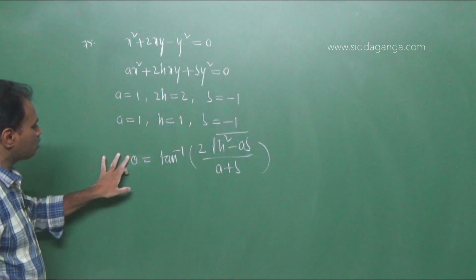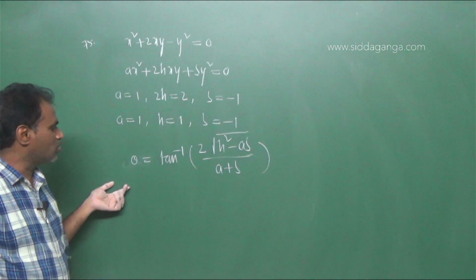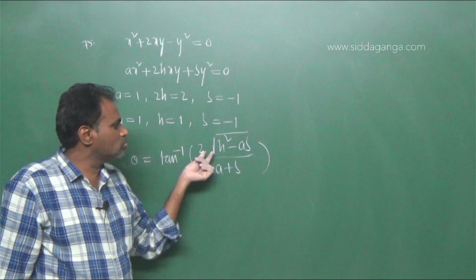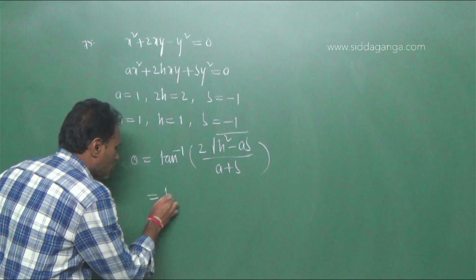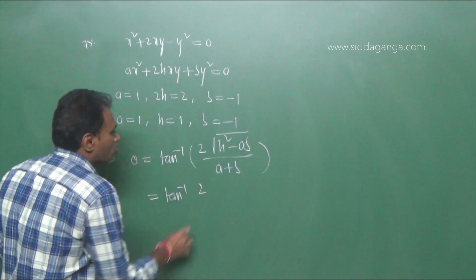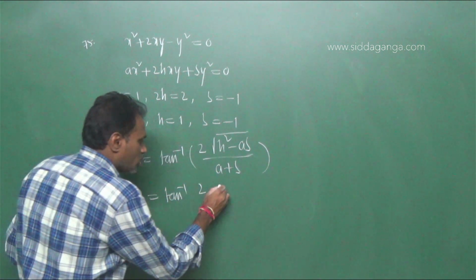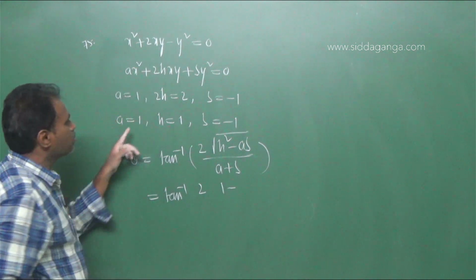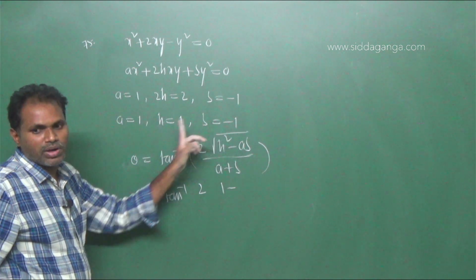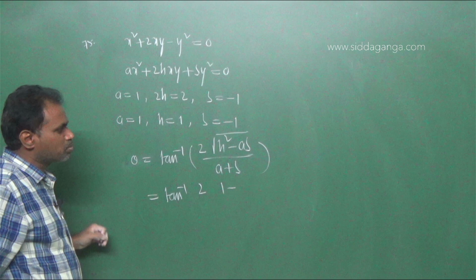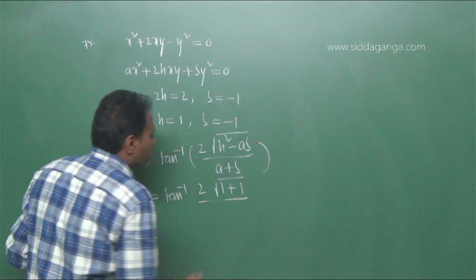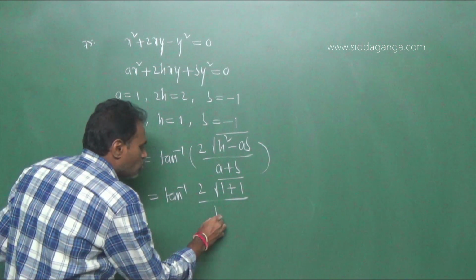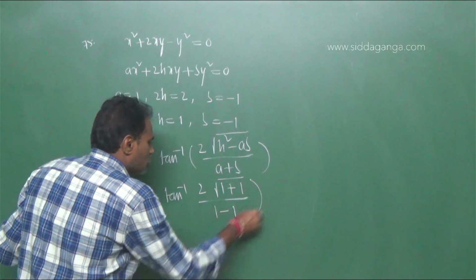That is equal to tan inverse 2 into root of 1 square minus 1 into minus 1, minus into minus plus 1, square root, divided by a plus b. A value is 1 and b value is minus 1.